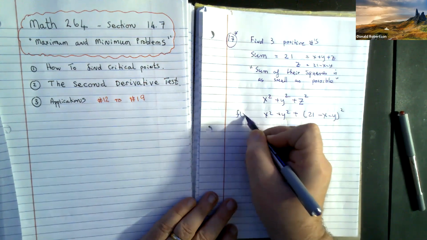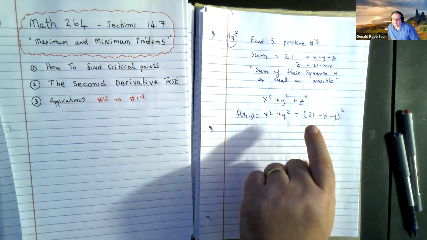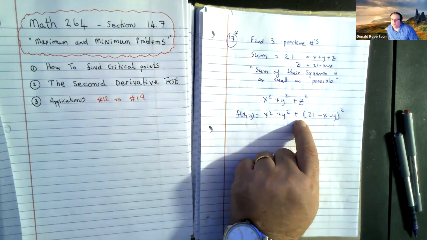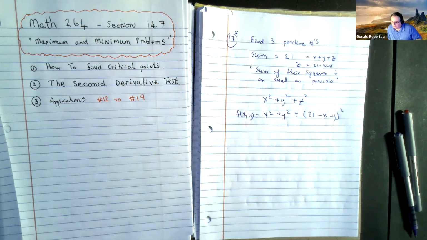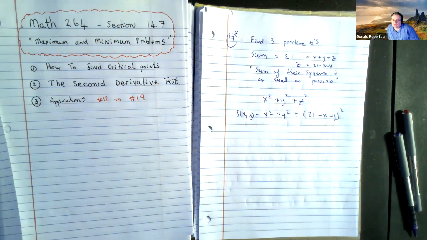So this is going to be our function. And we are going to find critical numbers. And once we find those, 1, 2, 6 critical numbers, whatever it might be, we're going to plug them into here. And whichever one of them gives me the smallest answer is the minimum, is the guy we're looking for.